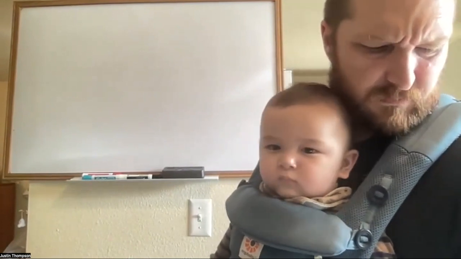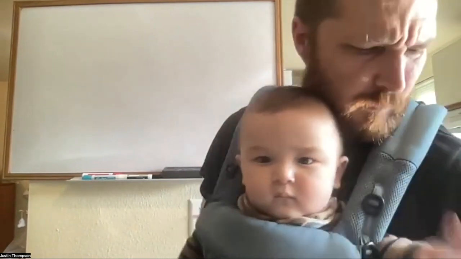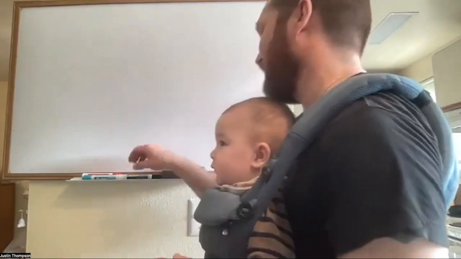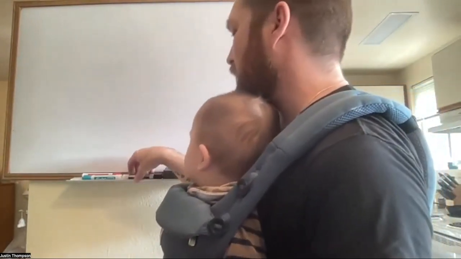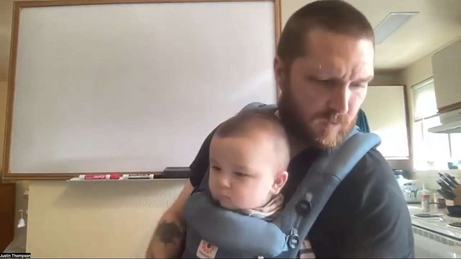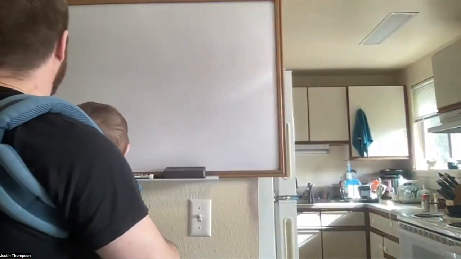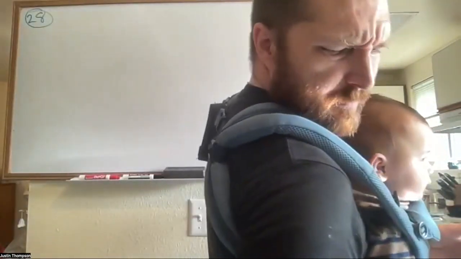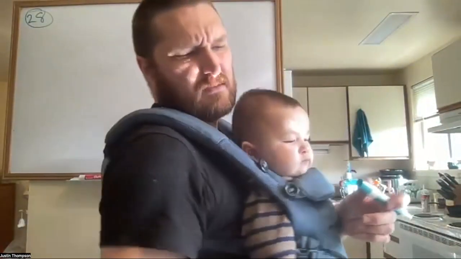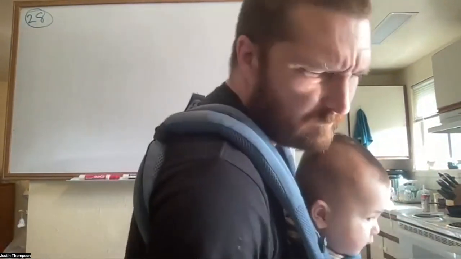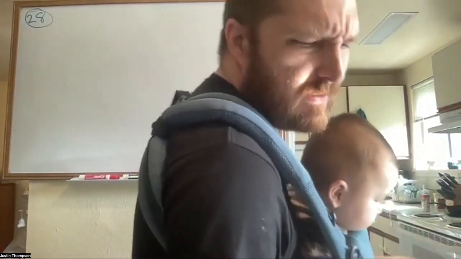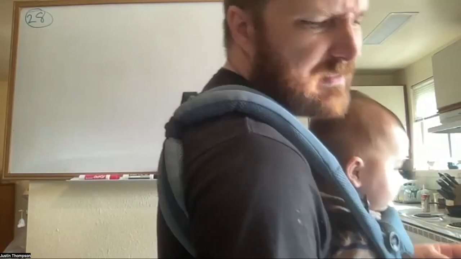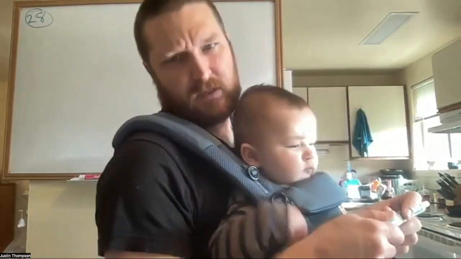Okay, so let's do a difficult one. Oh, yeah, that's the one I wanted. Okay, yes. So this is from your homework. This is number 28. It says, find the amplitude, period, and phase shift, sketch the graph of the equation.